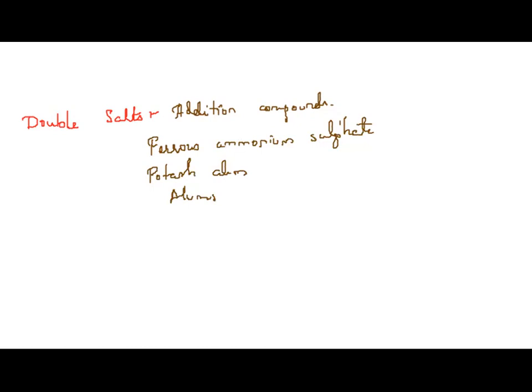Then we have complex salts. What are complex salts? Complex salts are those formed by the combination of simple salts or molecular compounds.